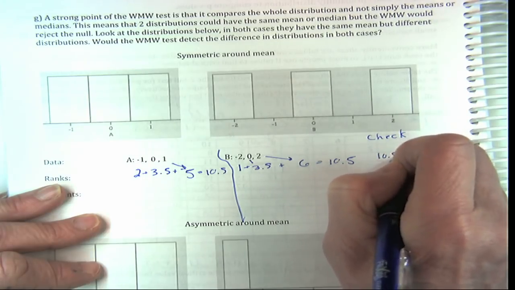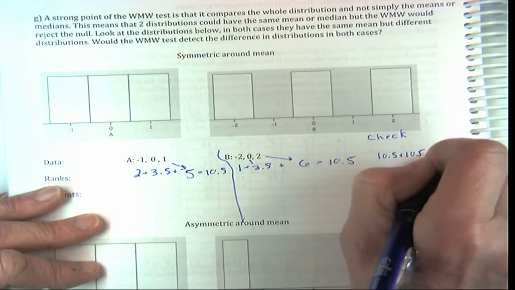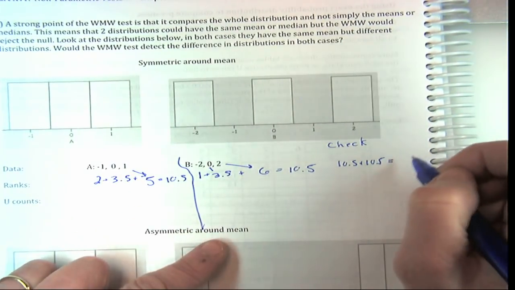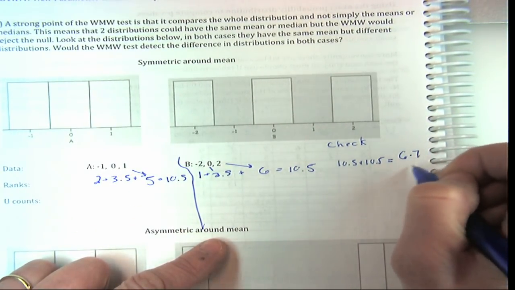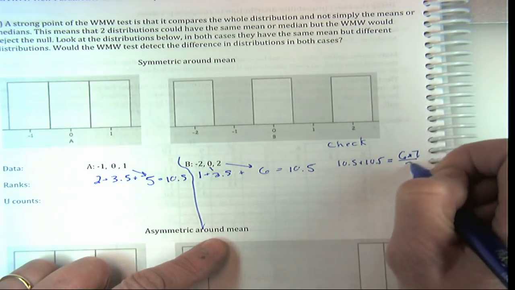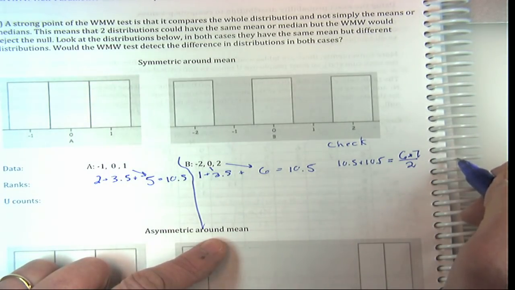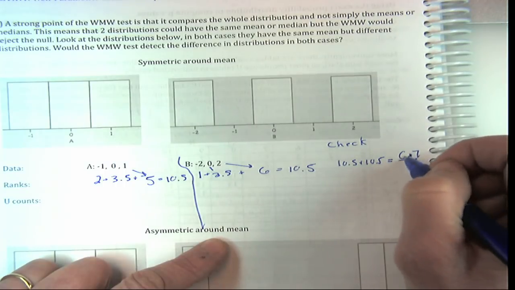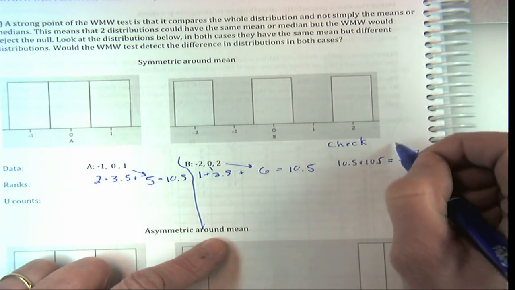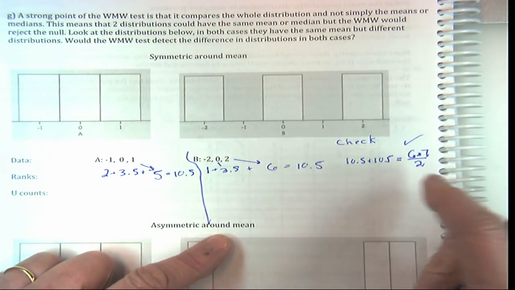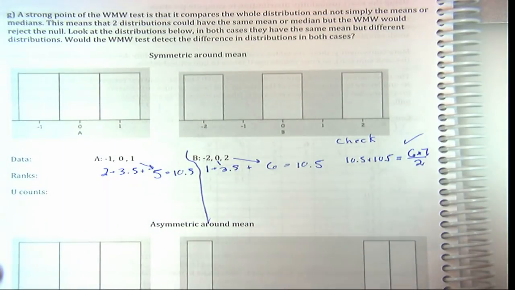The 10.5 plus 10.5 should be equal to 6 times 7 over 2, right? N times n plus 1 over 2. And it is. That's 21 and 21. Okay, we did it right.